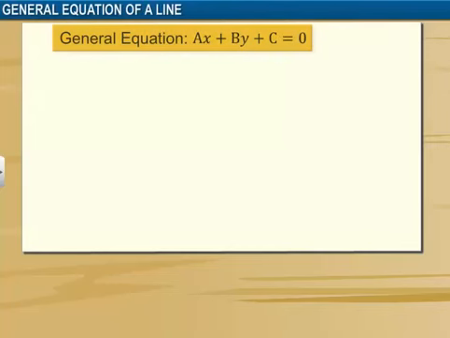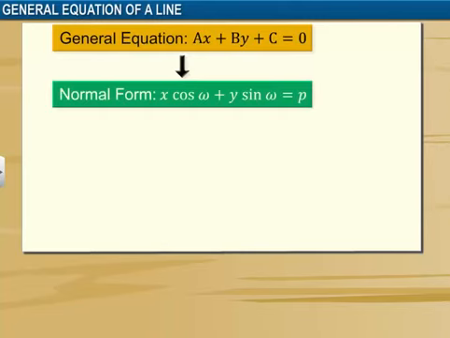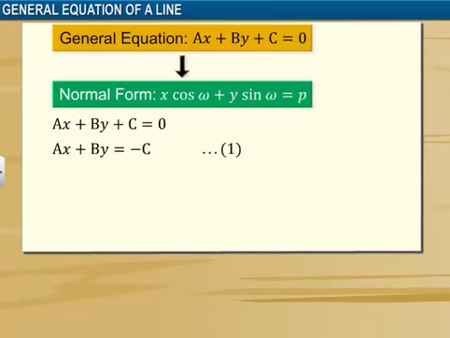Let us now reduce the general equation into the normal form of the equation of a line. Consider the general equation of a line. Rearranging the terms in the general equation, we get ax plus by is equal to minus c. Equation 1 is similar to the normal form of the equation of a line.